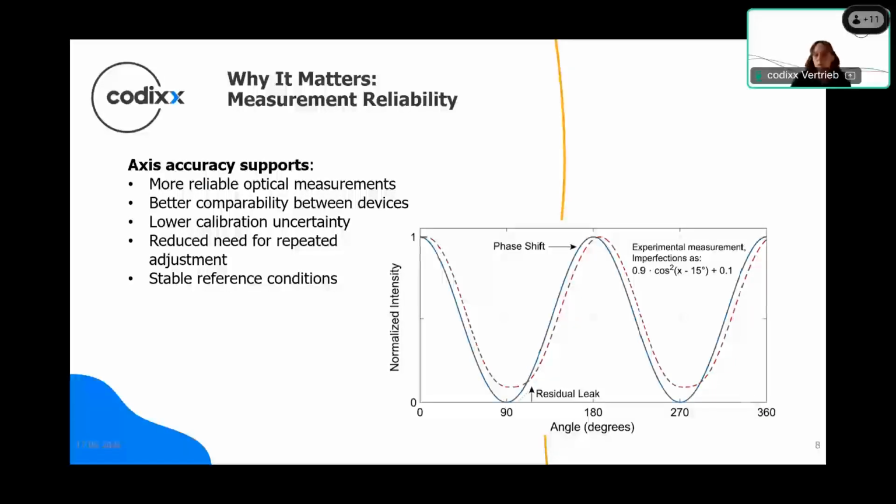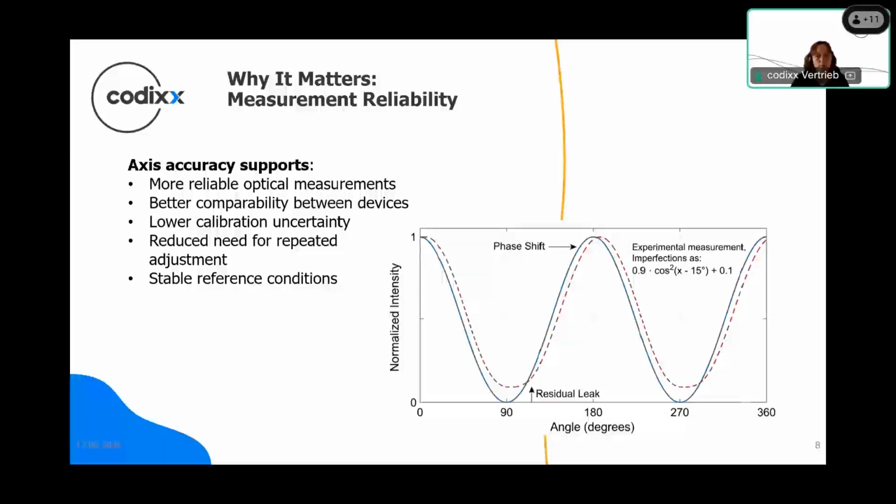Looking at this graph down here, there's an important practical distinction when characterizing a component in a lab by rotating it. You often see an offset at the minimum. Part of this is the finite contrast of the polarizer, but in a static setup, an axis error will worsen this background level.